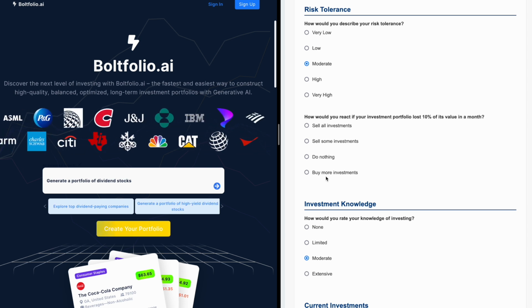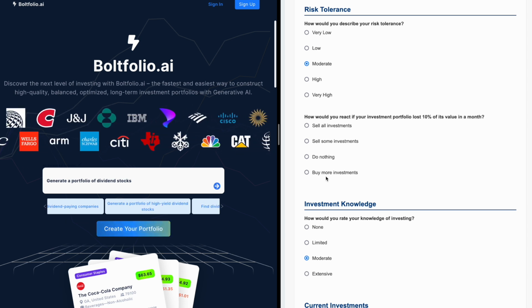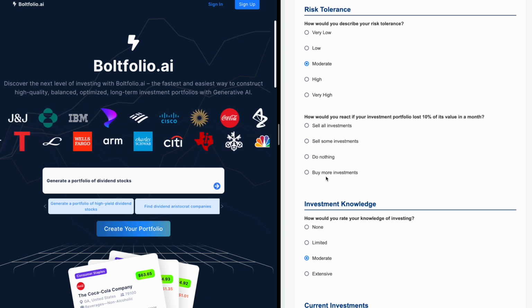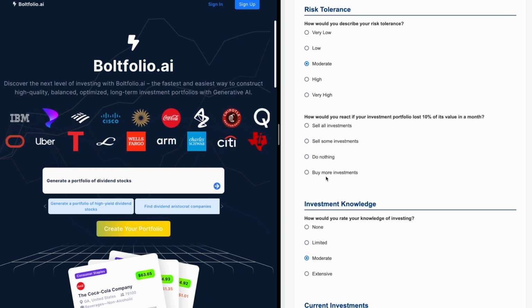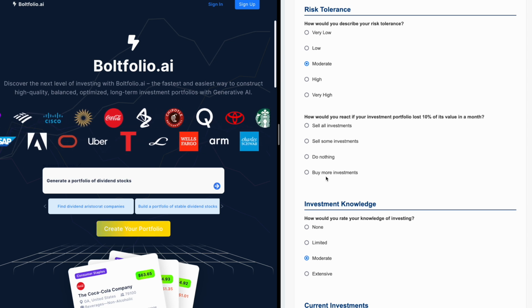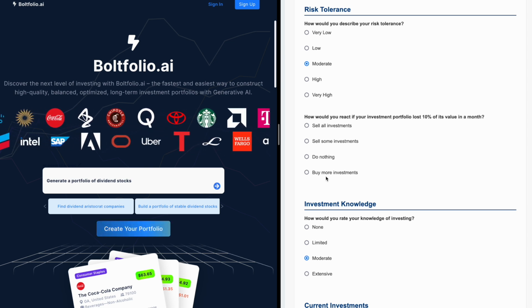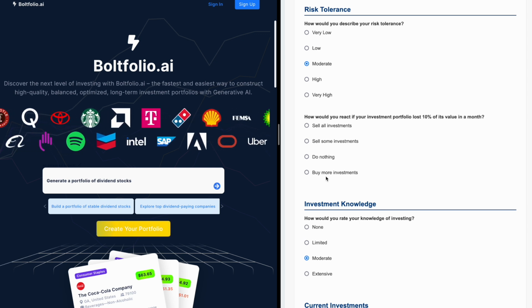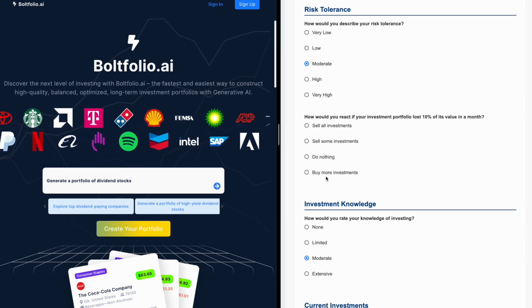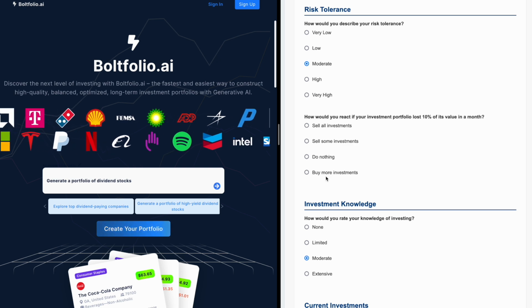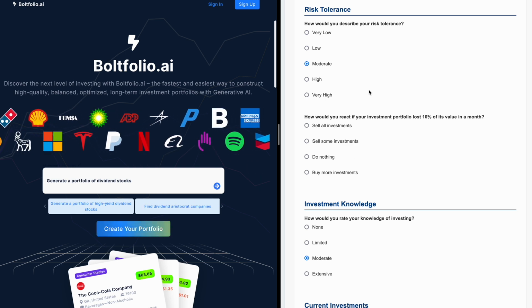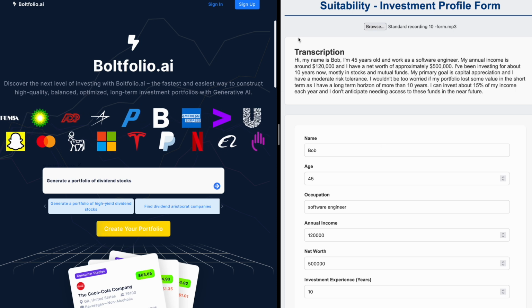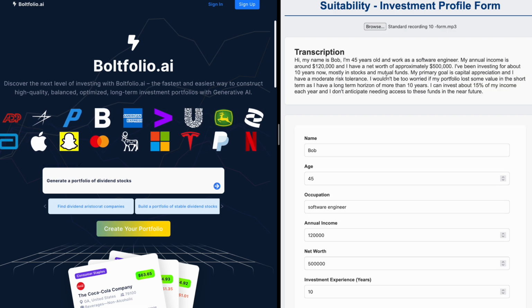I think what makes them even more effective is if you're able to provide scenarios, or ask the same question multiple times in different ways, so that you can really calibrate the profile of the customer. This is just an example of one of the things that was not stated in the initial interview, or the initial voice note that I left.